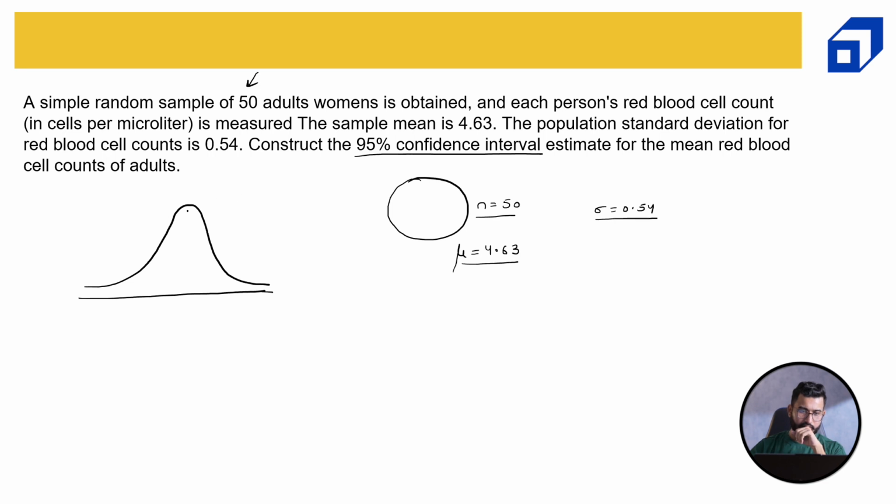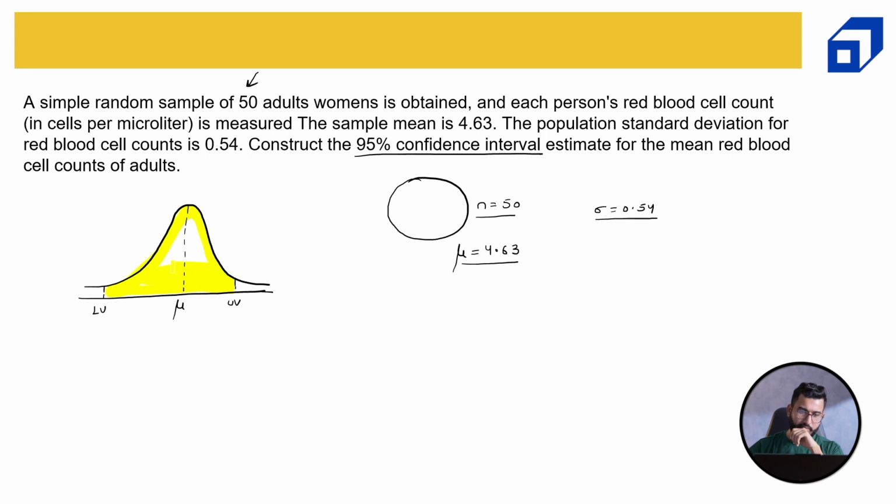Let's say this is my mu, which is the sample mean, and I want to estimate this range, lower value and upper value, in such a way that between these two I get 95% of my data.